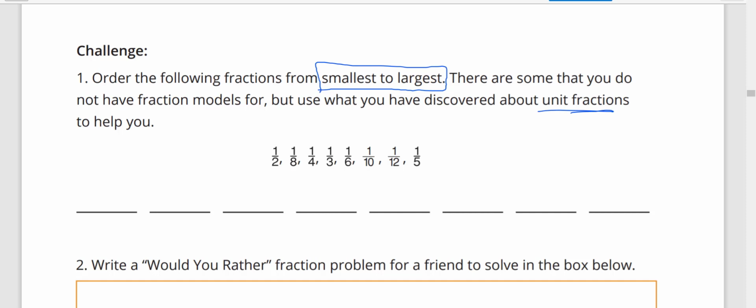Why? Because one whole is divided into fewer pieces, so the pieces are larger. Or we know that when we divide one whole into more equal parts, each part becomes smaller.